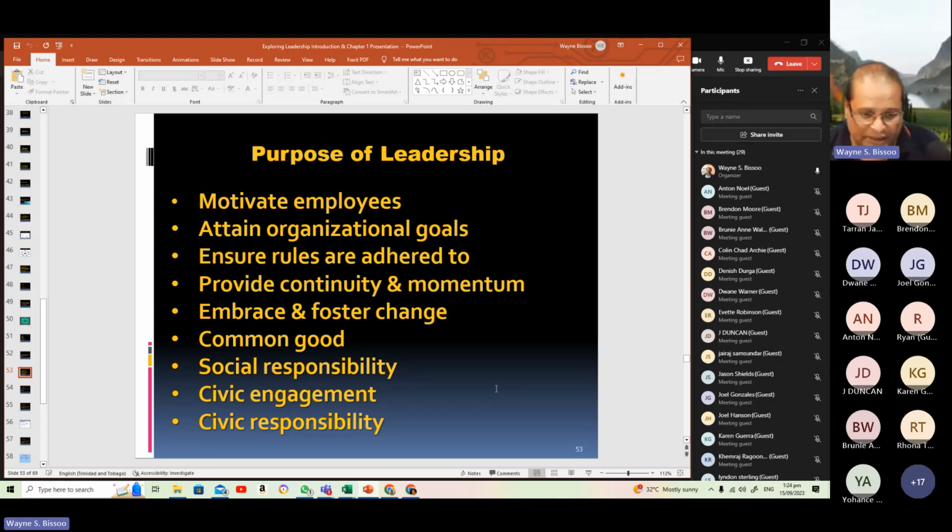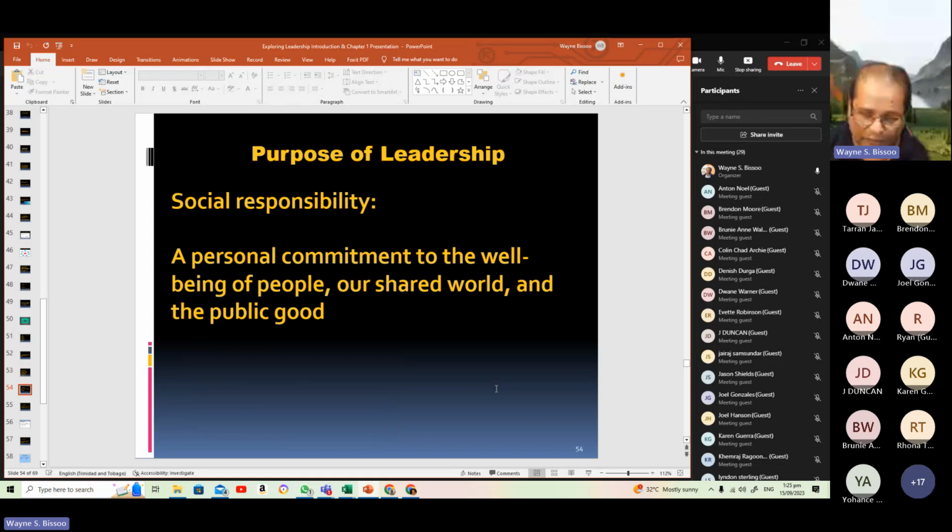Embrace and foster change, that we act for the common good for everybody. We behave in a socially responsible way. We are civically engaged, and we are being civically responsible. So again, we spoke about social responsibility. This is our commitment as an individual leader to the well-being of the people around us, the world around us, and the public good of the place that we're in.